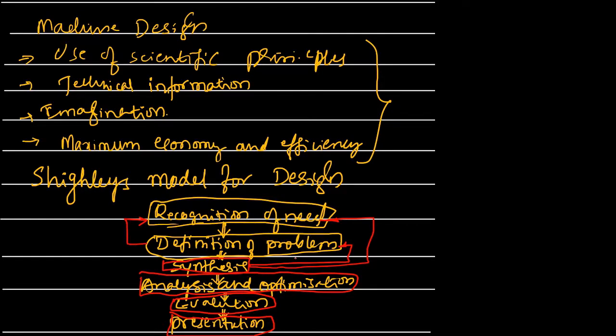Now if you come to the last step, that is evaluation. In evaluation you are going to get all the functionality. Evaluation means it is a result. If it is not satisfied, the evaluation may lead to a change in analysis and optimization, or a change in the synthesis, or a change in the problem definition.